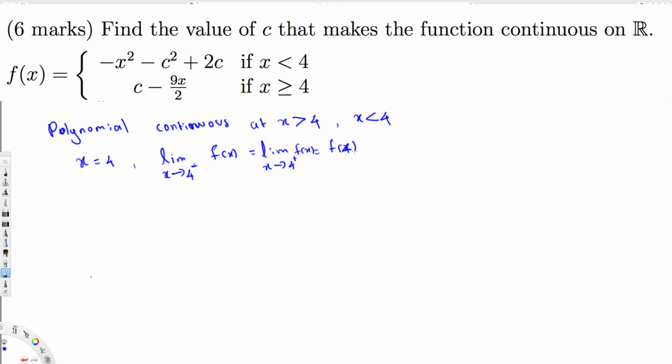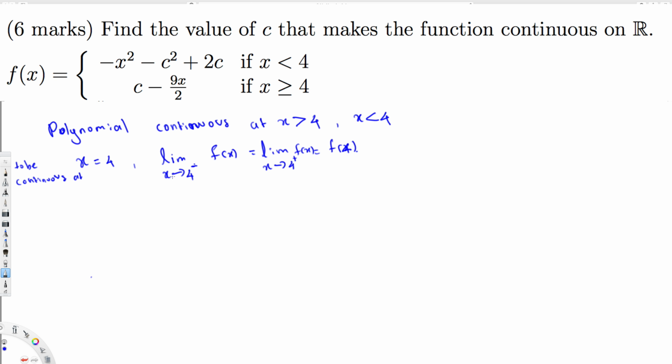So all of them should be equal if it is to be continuous at x equal to 4. This is the rule it has to satisfy.